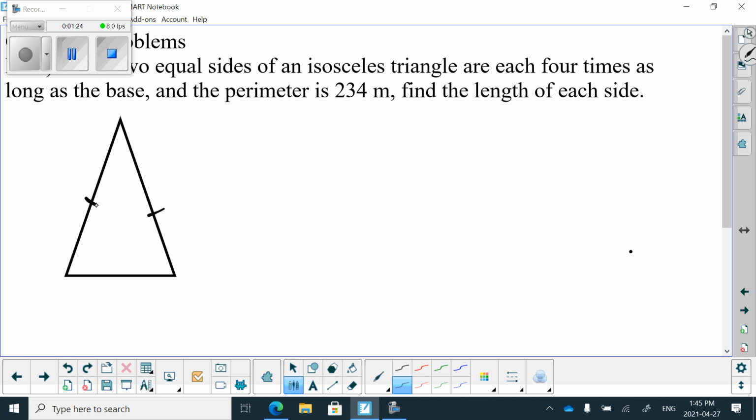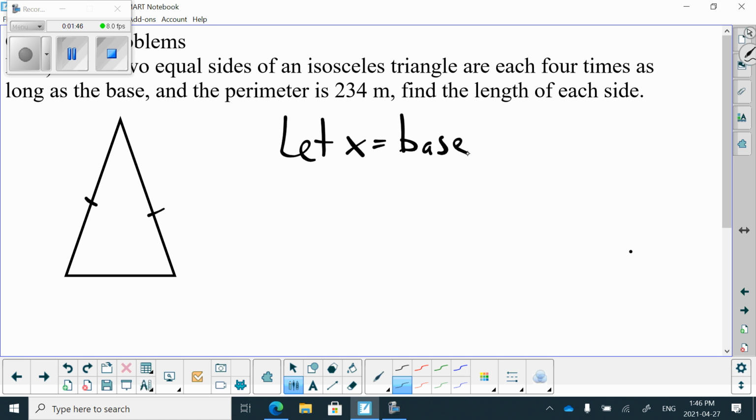Because what are the sides being compared to? The base. I know you guys are big Meghan Trainor fans, so that's probably a good thing to let x be the base, because it's all about the base.